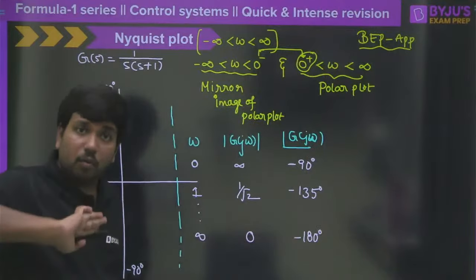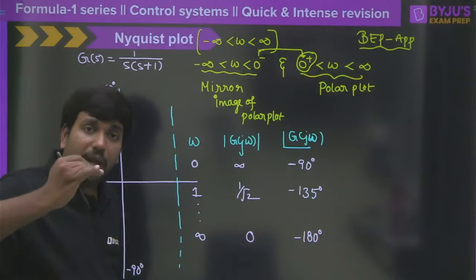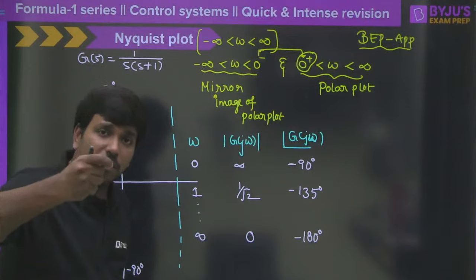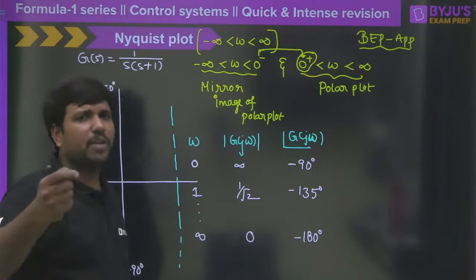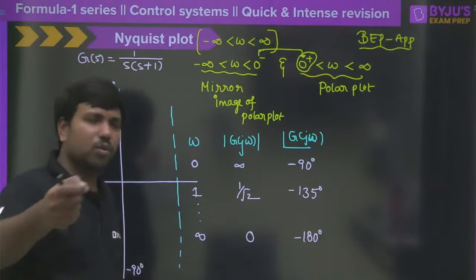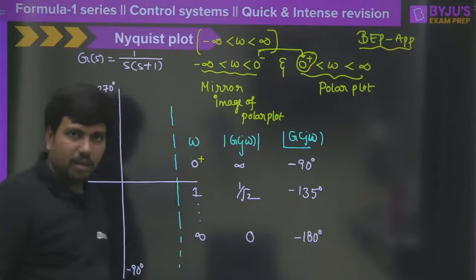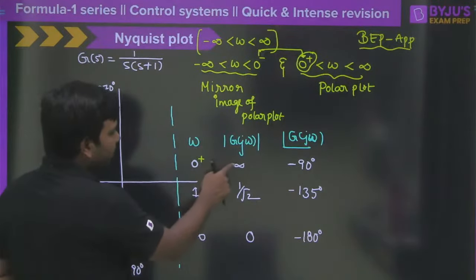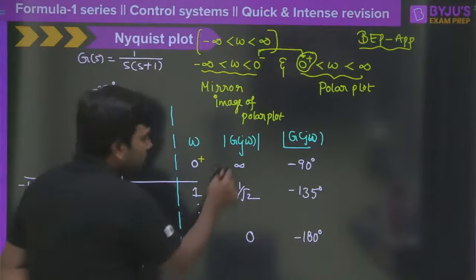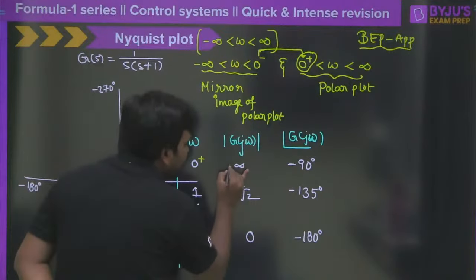That means don't take omega equal to 0. Take omega equal to just a value which is more than 0, maybe 0.001 or 0.0002. Only at omega equal to 0 will it become infinity, so now the magnitude will not be equal to infinity, just less than infinity.